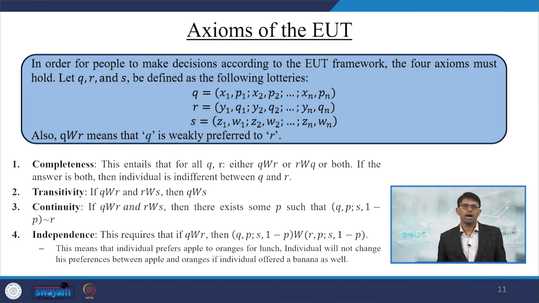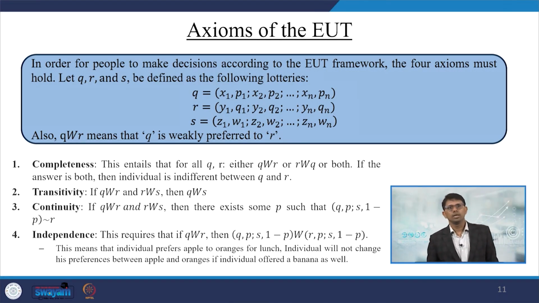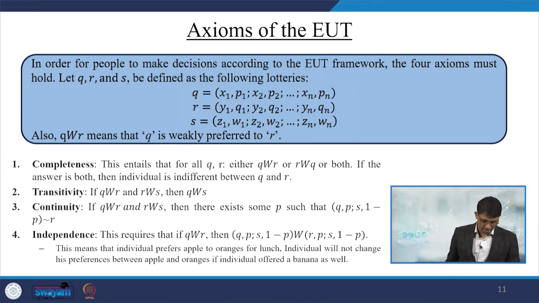Let Q, R and S be defined as lotteries, Q with its probability function, R and S. Also, Q weakly preferred to R means Q is weakly preferred to R, not strictly preferred to R. The axioms we usually take in decision theory are completeness, transitivity, continuity and independence.